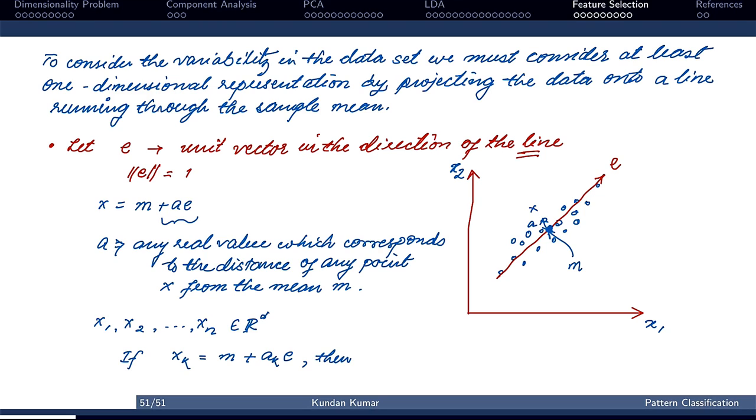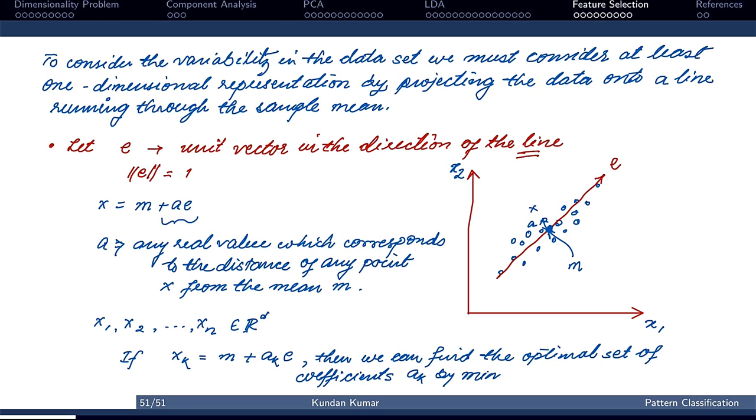Then we can find the optimal set of coefficients ak by minimizing the squared error.